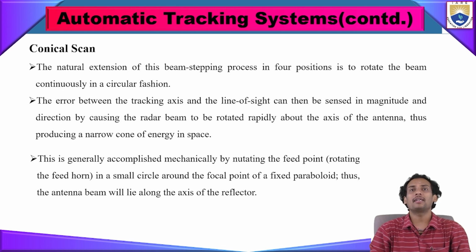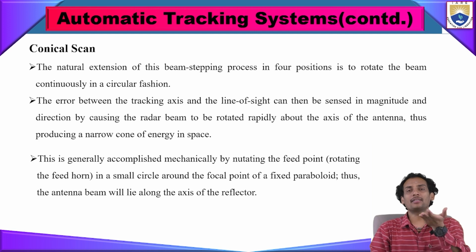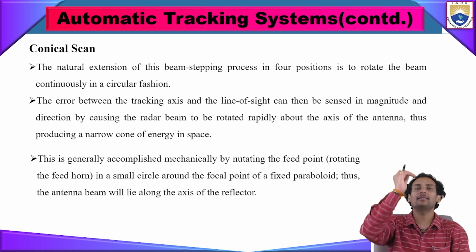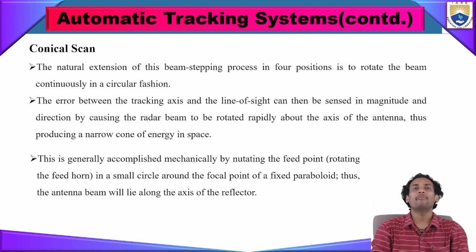The error between the tracking axis and line of sight can be sensed in magnitude and direction by causing the radar beam to be rotated rapidly, with the axis of the antenna set in that position, which will produce a narrow cone of energy in space, so that the axis and line of sight errors will be minimized.